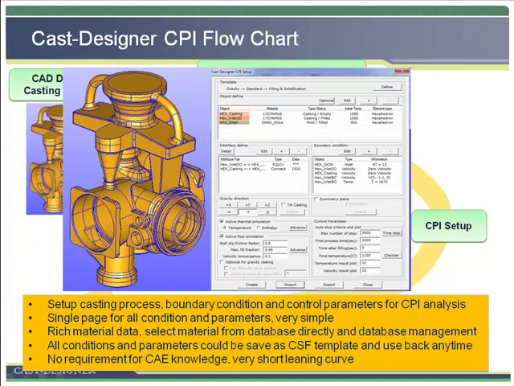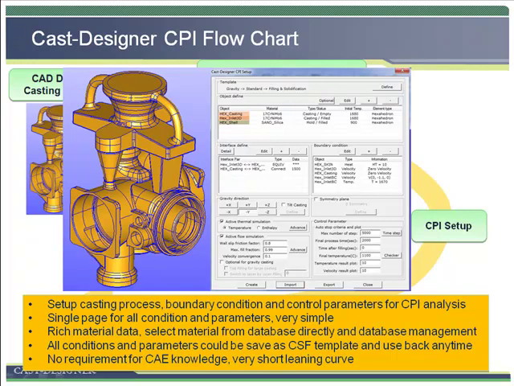Cast-Designer uses a template and objective concept for CPI setup. This makes the setup very simple and makes it easy to exchange parts for an existing CPI model. At first, the user needs to select the casting process, such as investment casting. The template for each casting process is defined inside the software.